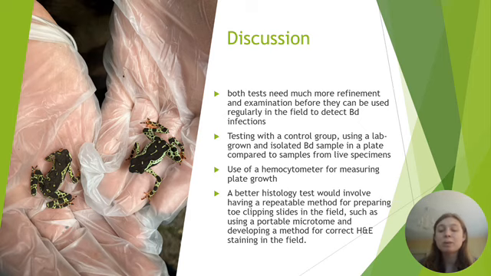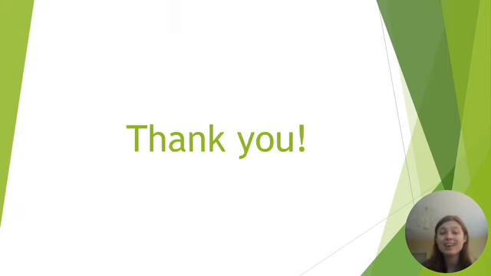For the histology test, we would want to have a repeatable method for preparing slides, such as using a portable microtome to cut the skin. We would also want some other method for better toe slicing and correct staining methods to more clearly see what was inside the skin cells. Thank you for listening and getting a peek at all these cute little frog photos.